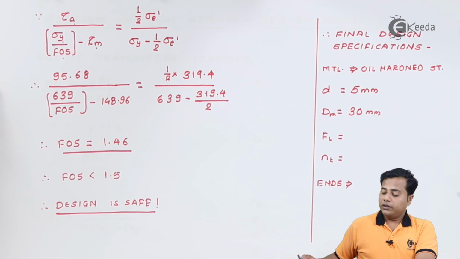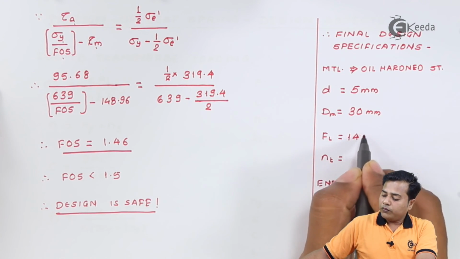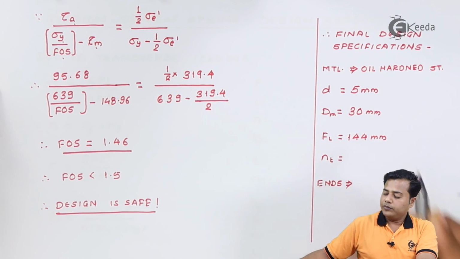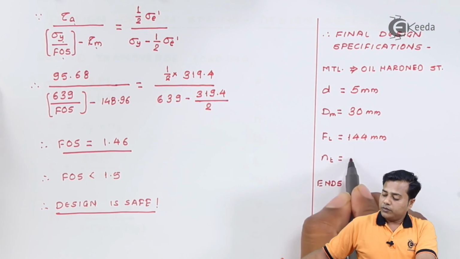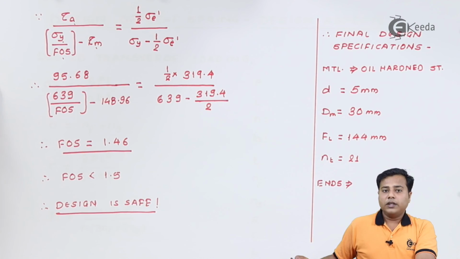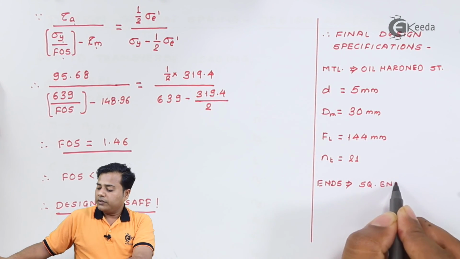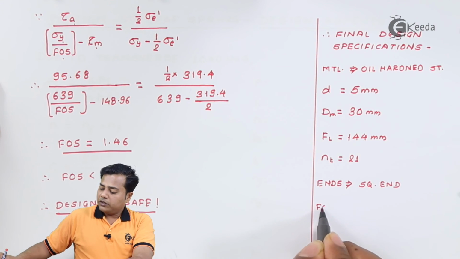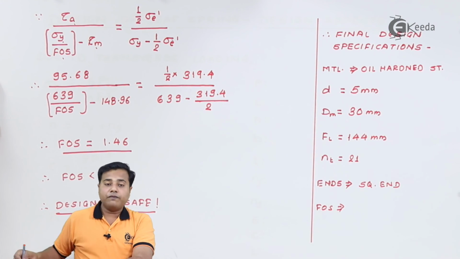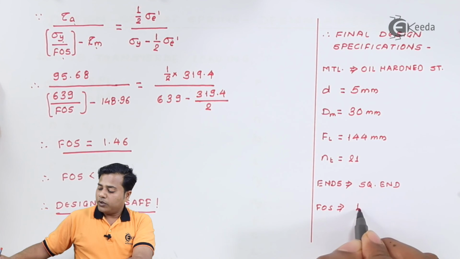The free length was somewhere around 144 millimeter. Total number of coils were 21, and the ends are square ends of this coil. The last parameter not to forget is the factor of safety, which is 1.46 in our case.